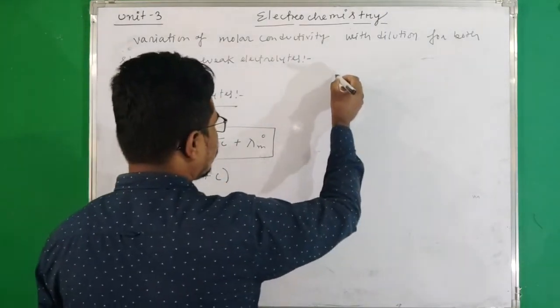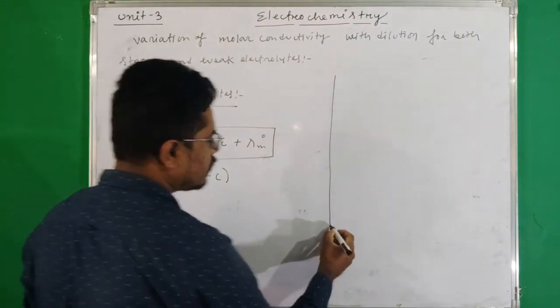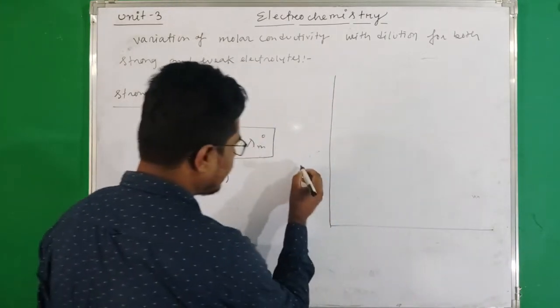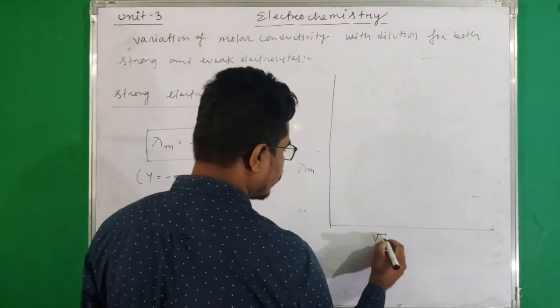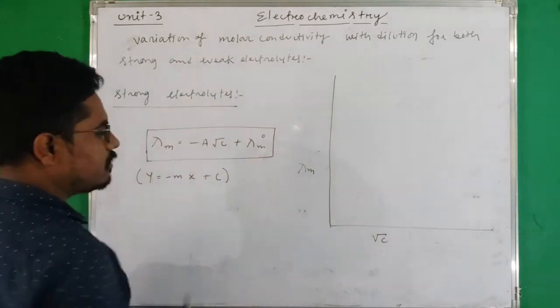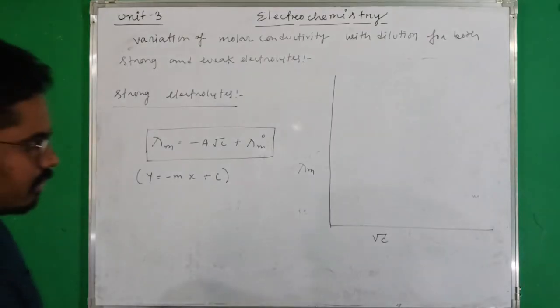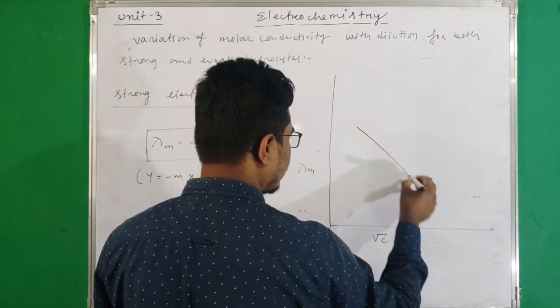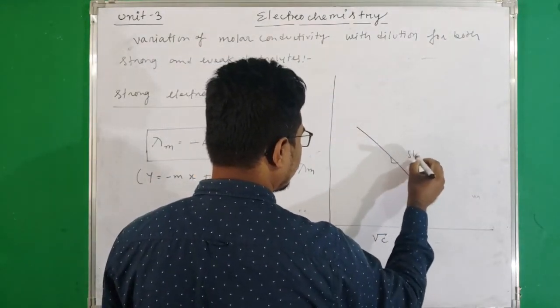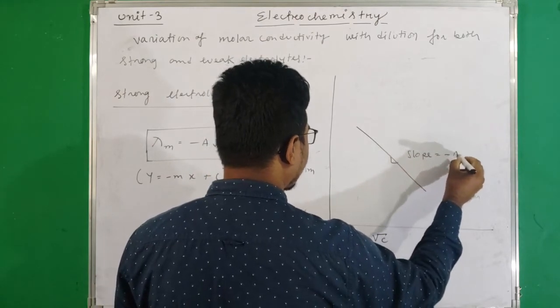So when we plot the variation of molar conductivity with the square root of concentration C, we will obtain a straight line with slope equal to minus A.